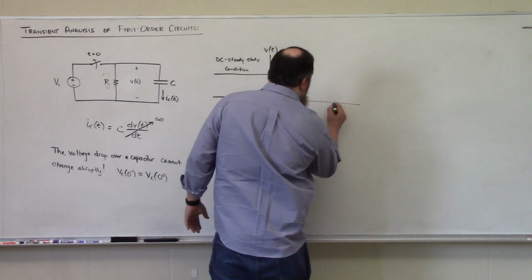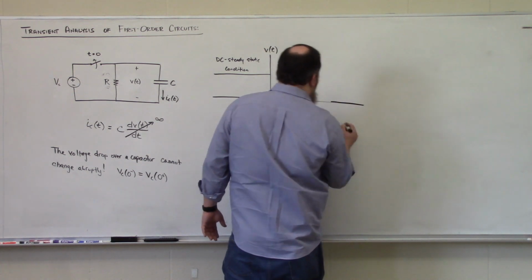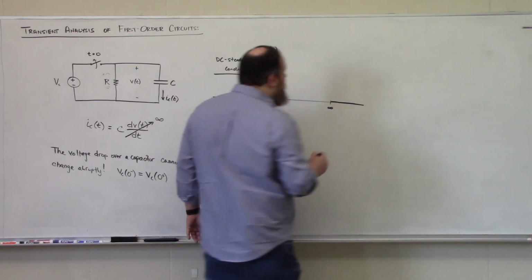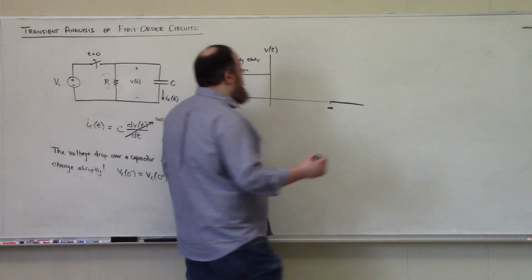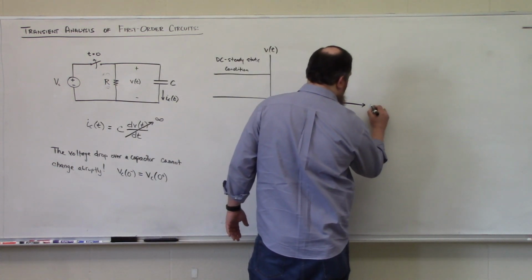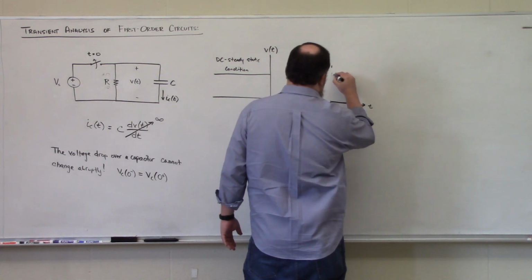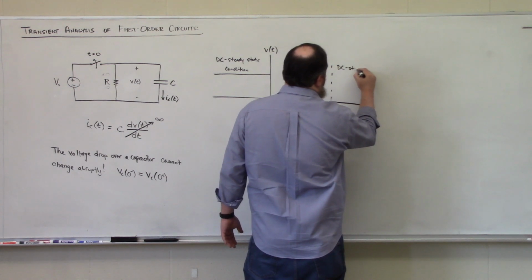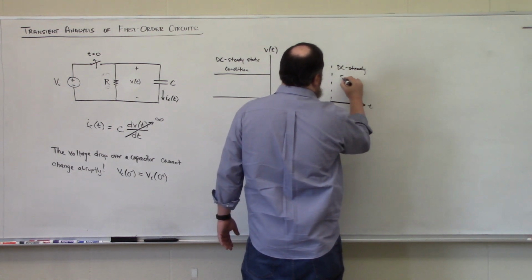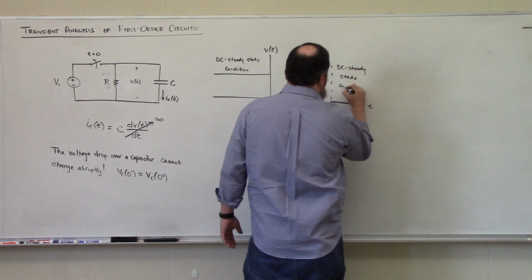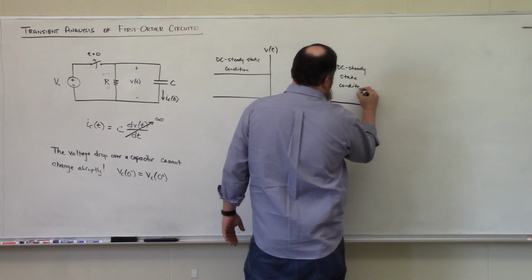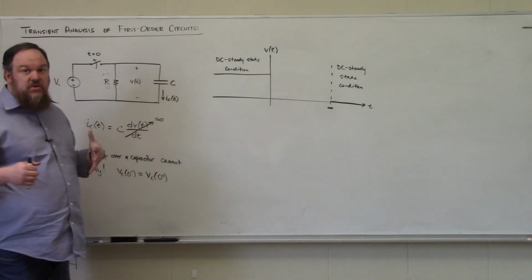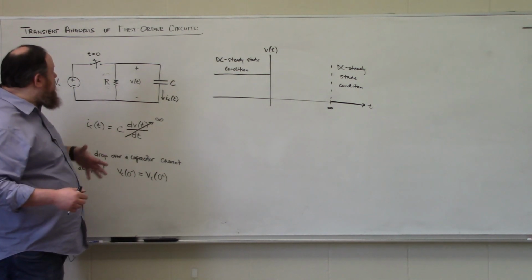So I'm going to draw over here, and this is going to seem silly, but I'm going to put for, say, t is equal to infinity and greater. We have another DC steady state condition.